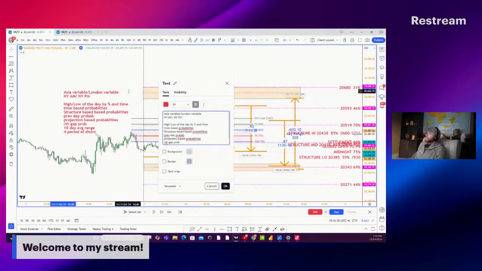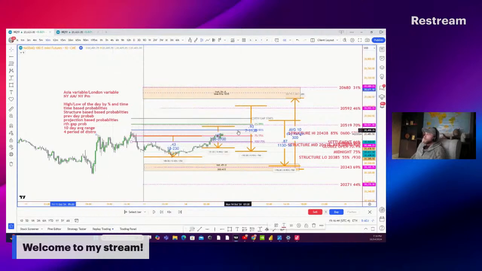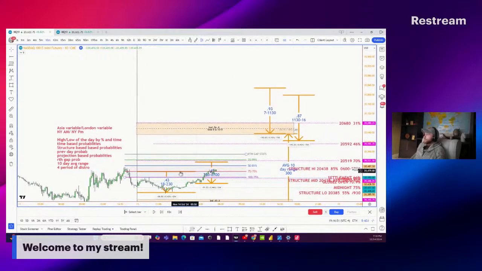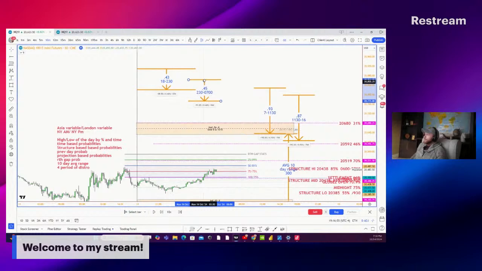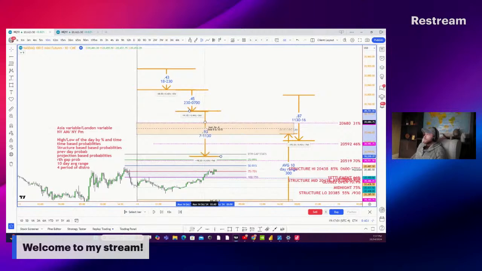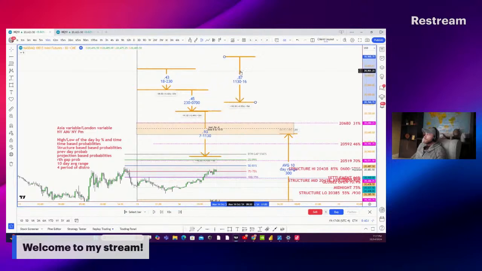Based off of when I do this whole workflow process at 5:30 in the morning every day, the component that I'm trying to project are these two time frames. So there's 4 time frames: you have 18 to 2:30, 2:30 to 7, 7 to 11:30, and then 11:30 to 1600.